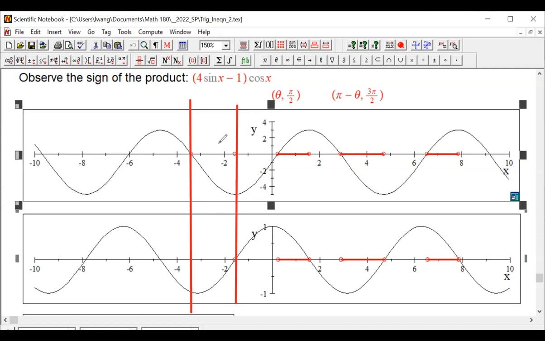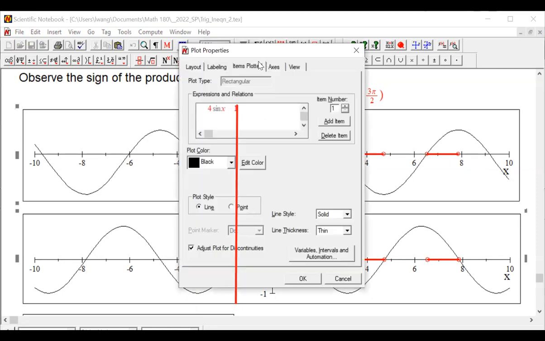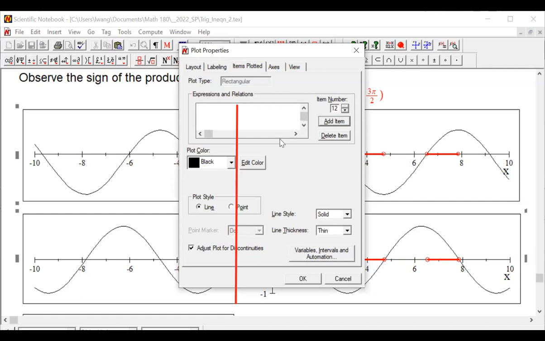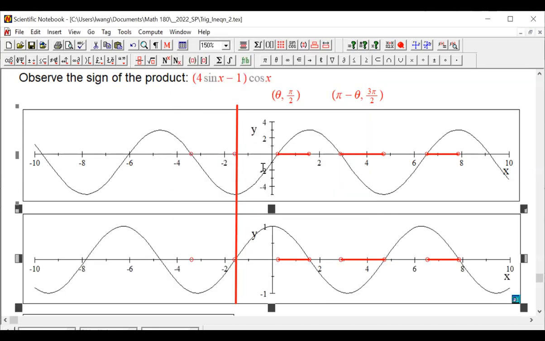So let me delete that. Now we just have to identify the same point on the other picture. Pretty soon you get the hang of it. You see, these two circles are identified.